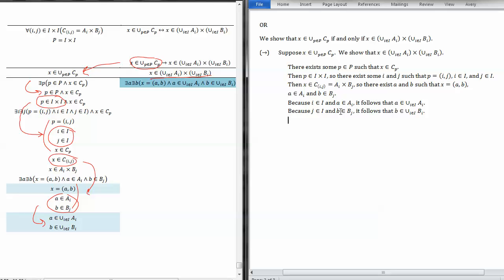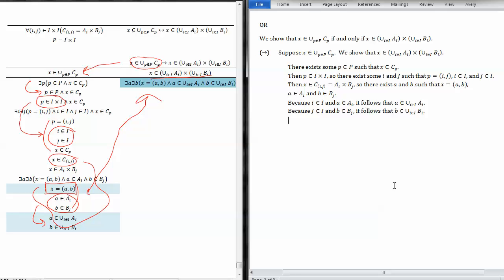All right, and then that's basically it, because we've got X equals AB, where A and B are in here, and so we somehow end up there. Okay, that we can write X in that way.